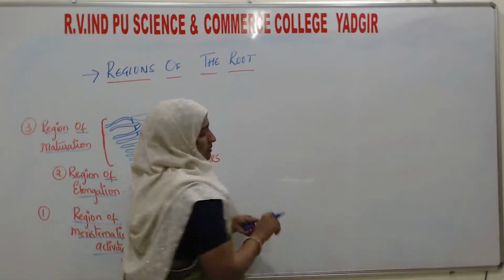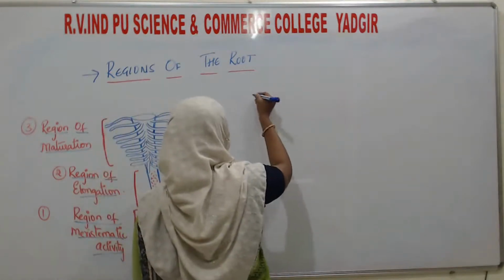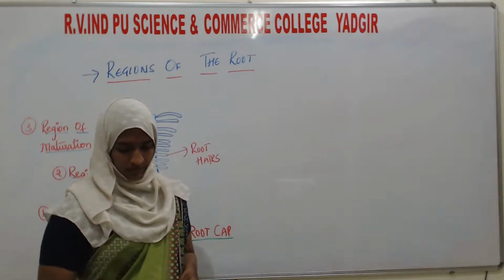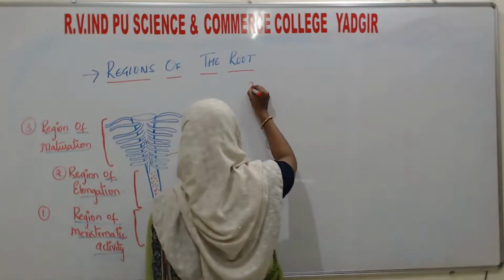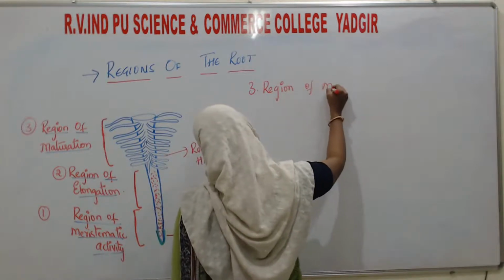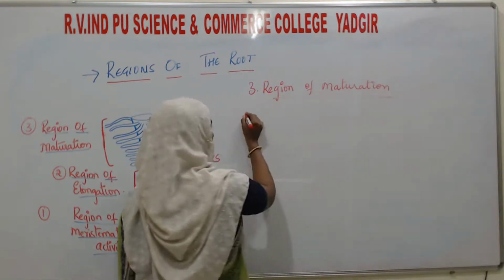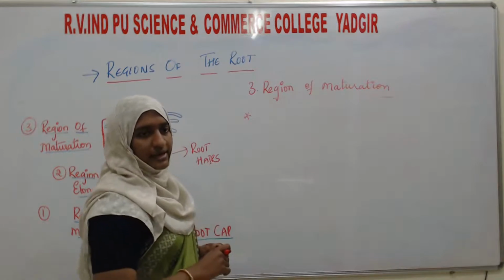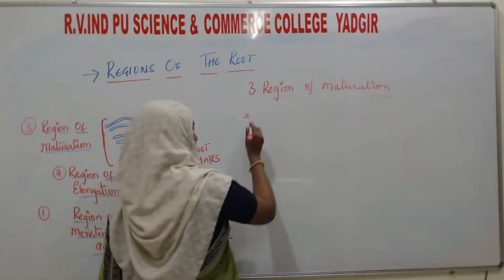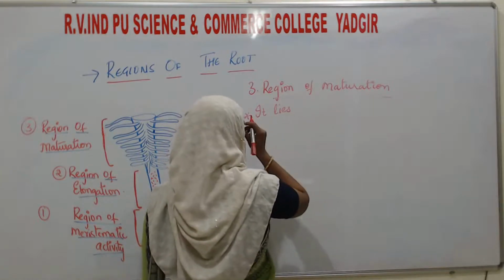The third one, region of maturation. Here, first thing, it lies just above the region of elongation.